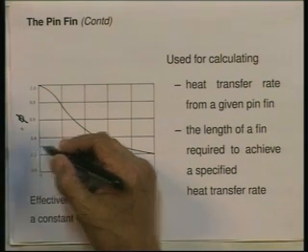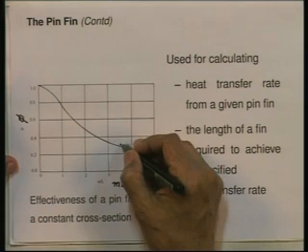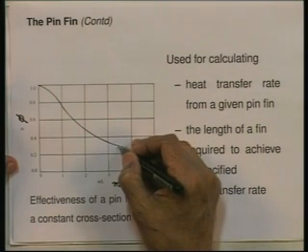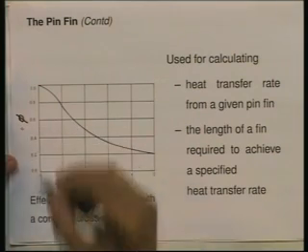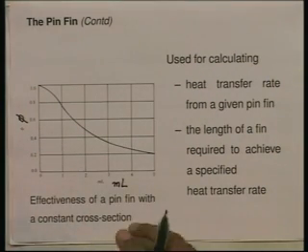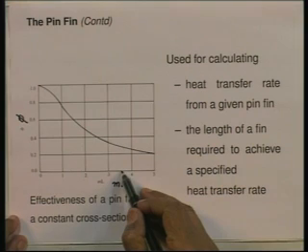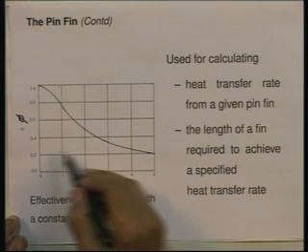Once you have got the value of phi, multiply by q, the value of q you would get if k is equal to infinity, and you will get the actual heat transfer rate from the given pin fin.